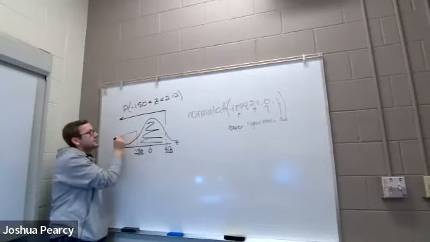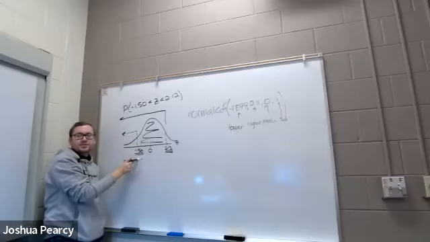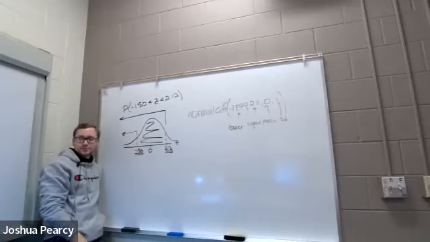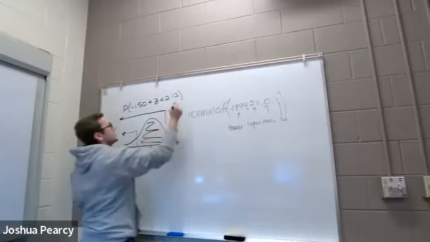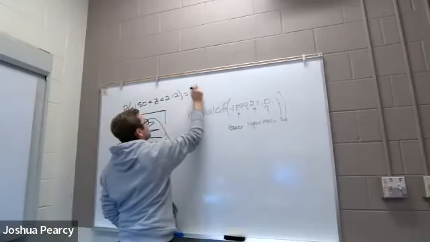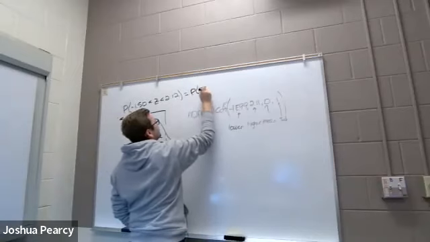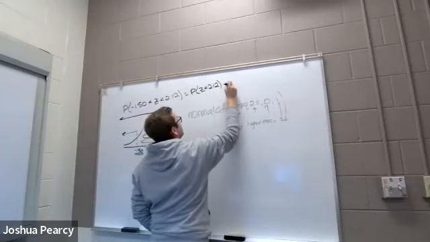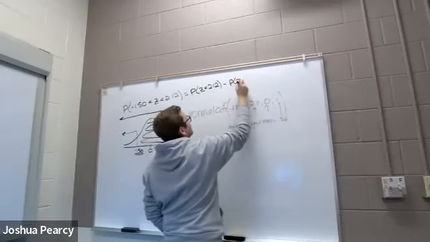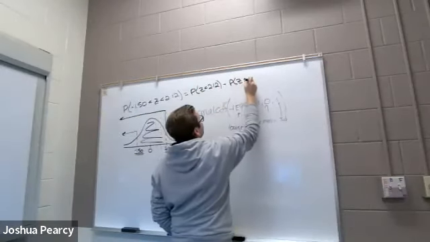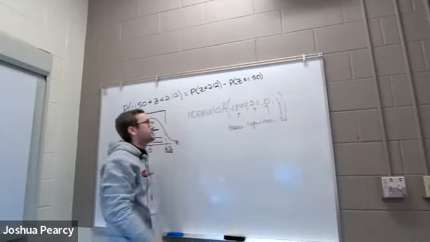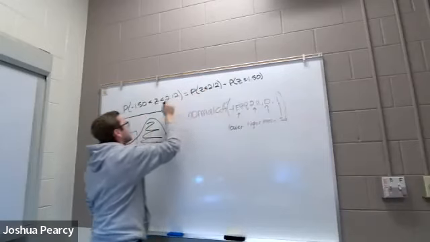Just subtract off the area to the left of this. If I do that, then it will give me the area in between the two. So therefore, this is equal to the probability of z being less than or equal to 2.12 minus the probability of z being less than or equal to negative 1.50. I guess it doesn't matter if you put these in here.